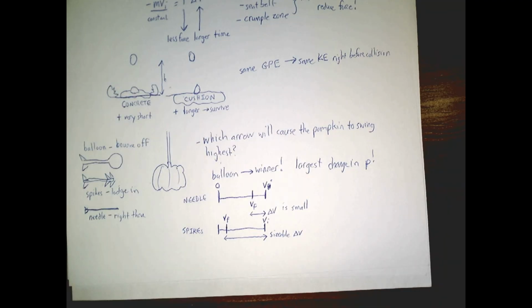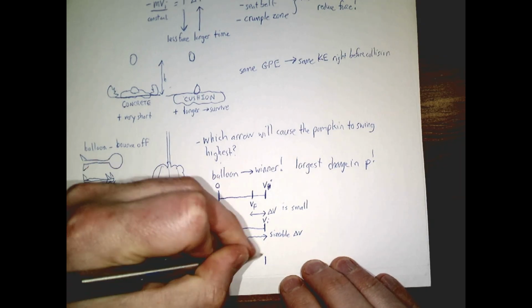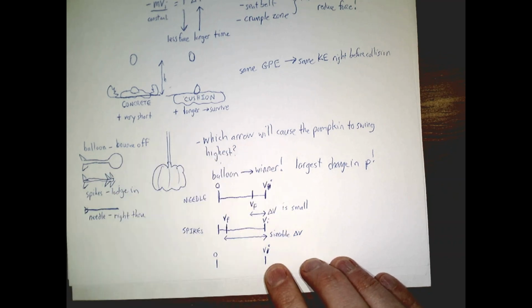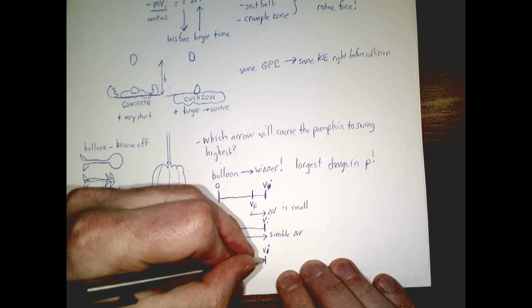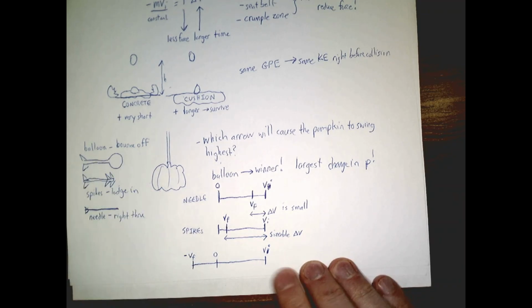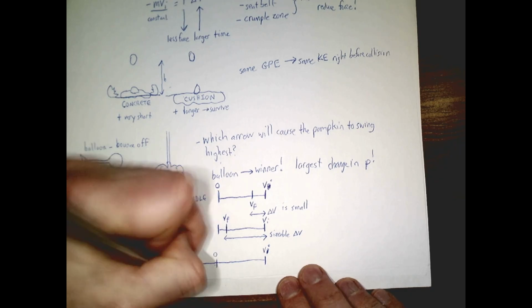Well, the balloon arrow bounces off. So what does that mean? That means we go from our initial velocity over here. The arrow bounces off and goes the other direction, so it actually jumps over into the negatives. Which means if I was going one way and the forces were exerted such that I went the other way, my change in momentum was very large because I had to go all the way to 0 and then some back the other way.